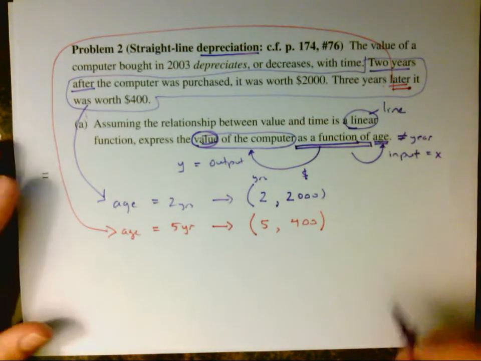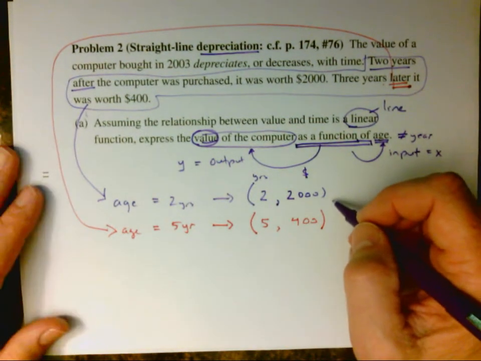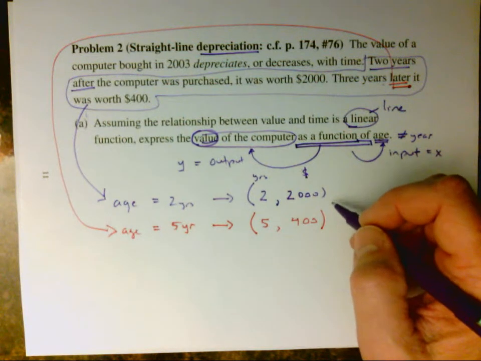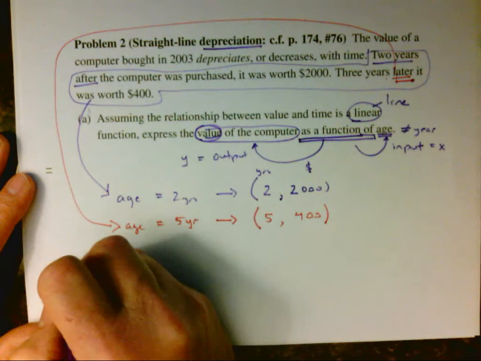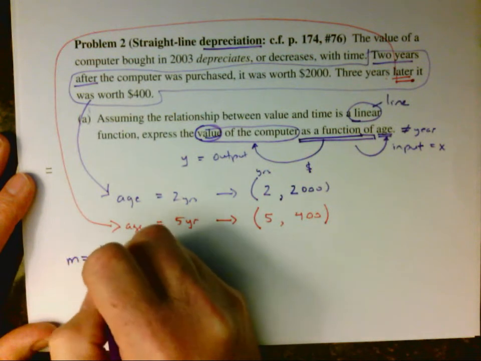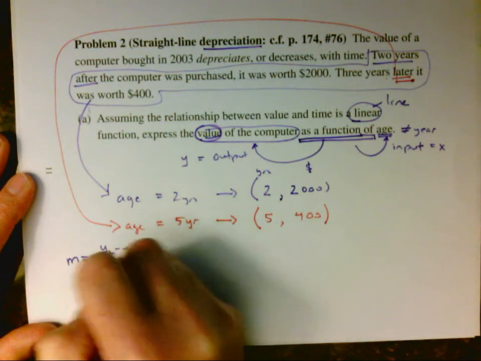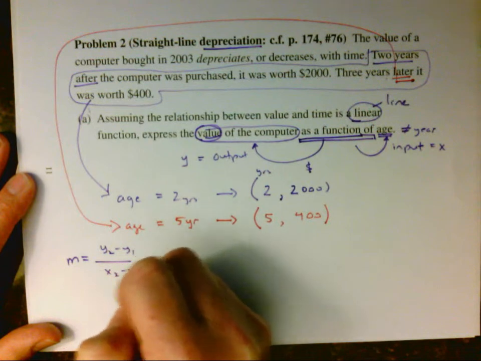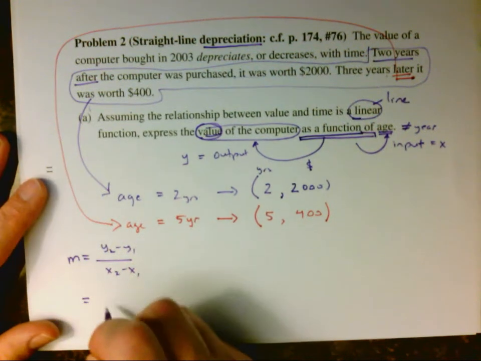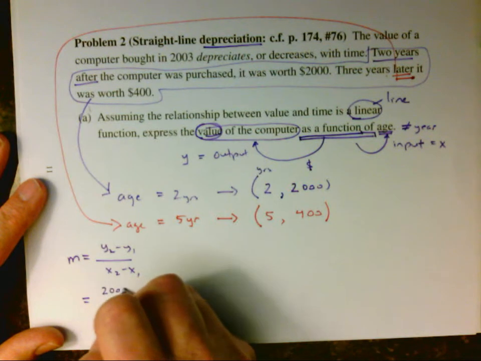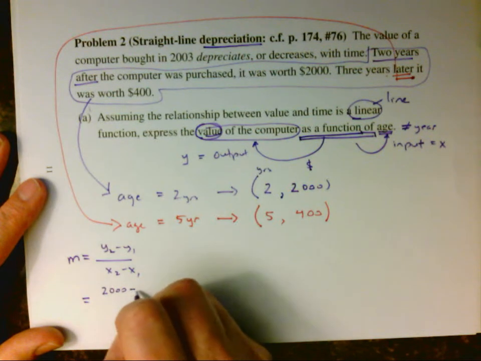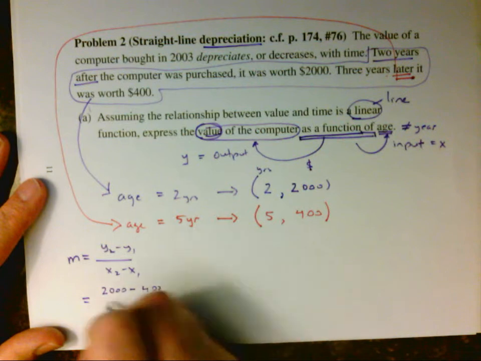Now we can take these 2 points, we can do exactly what we've been doing for all of this section. We can compute the equation of this line. So we'll start off with a slope. M equals y2 minus y1 over x2 minus x1. So let's see, 2,000 minus 400.